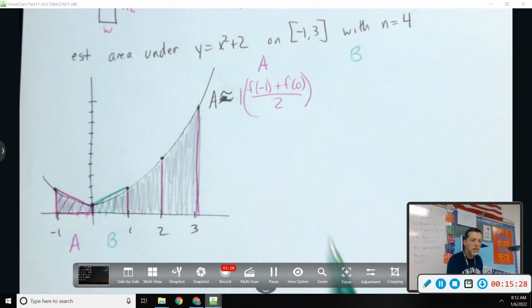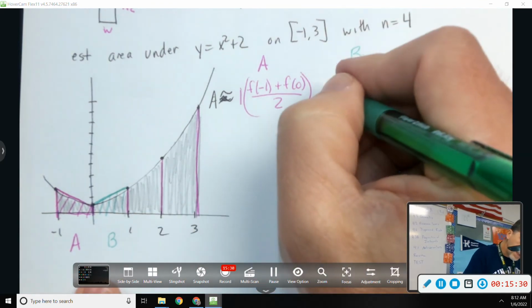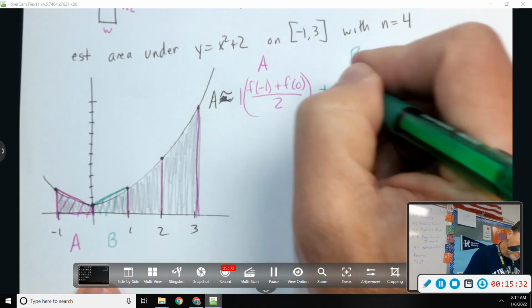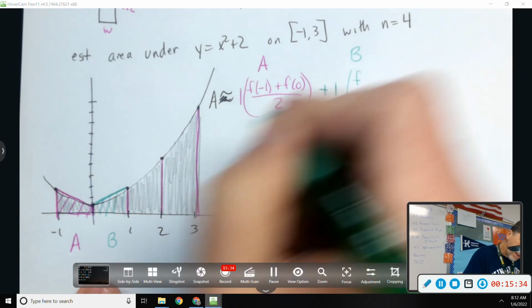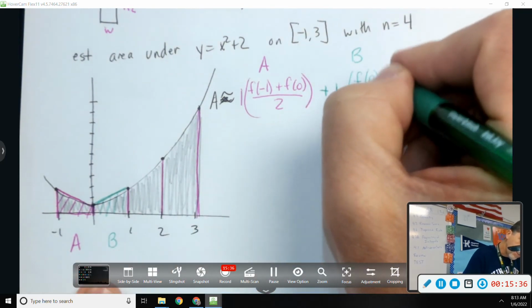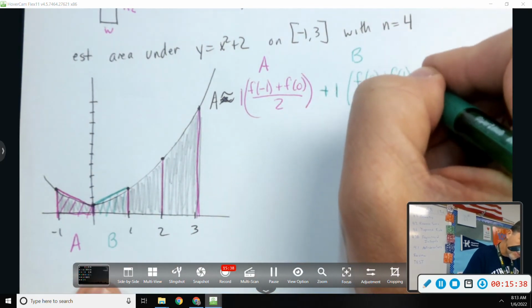Trapezoid B, the width is 1. The two heights are f of 0 and f of 1.